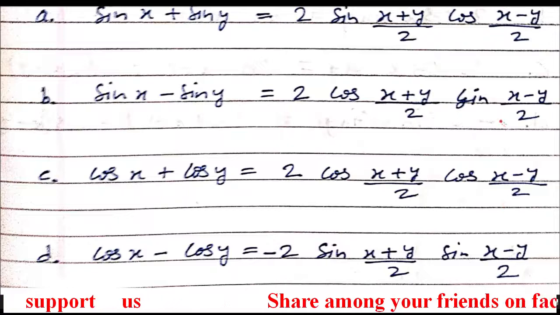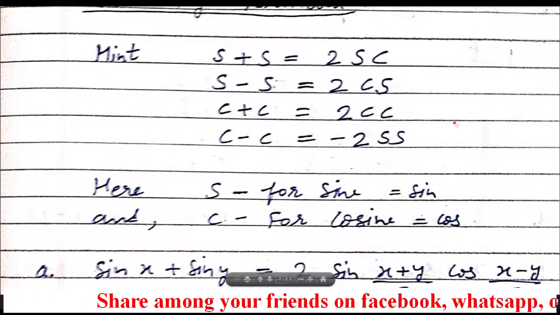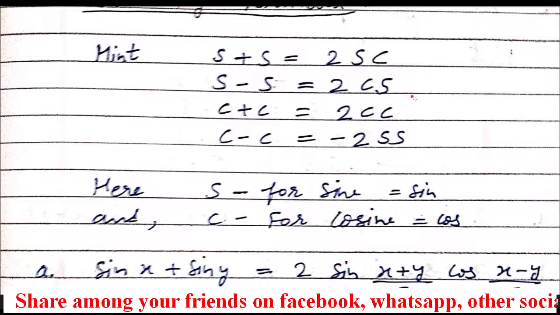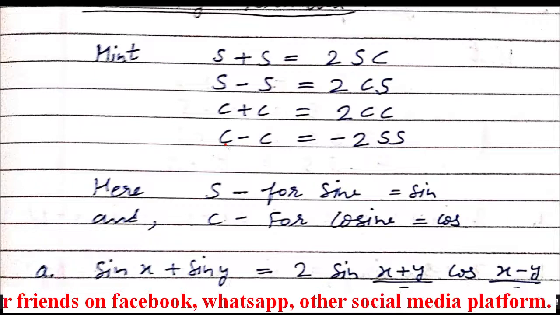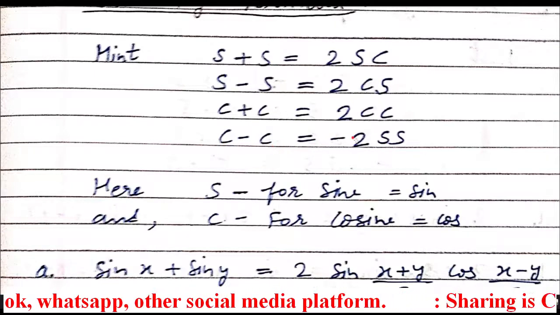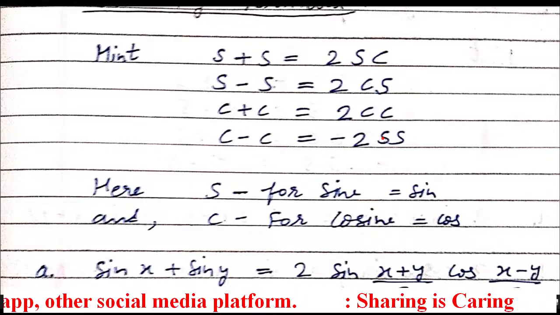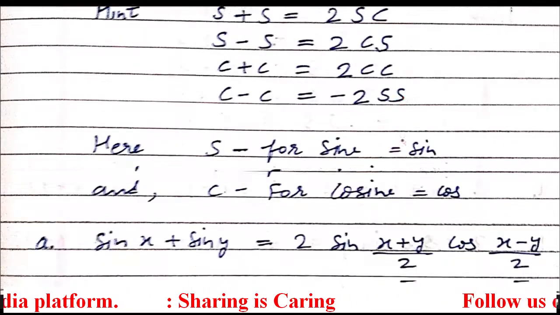So it's very simple. You only have to learn all these 4 lines, and in that you have to fill. Like if we have to fill it, then how are we going to fill it? Cos x minus cos y is equal to minus 2 sine x plus y upon 2 and sine x minus y upon 2.